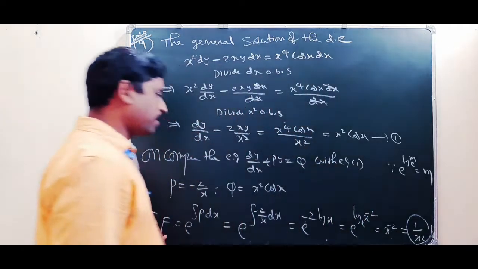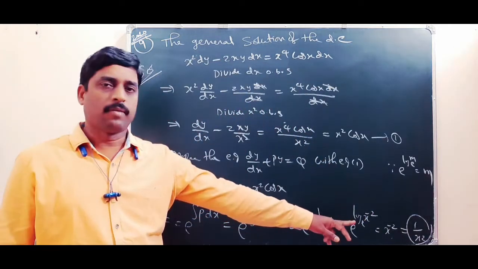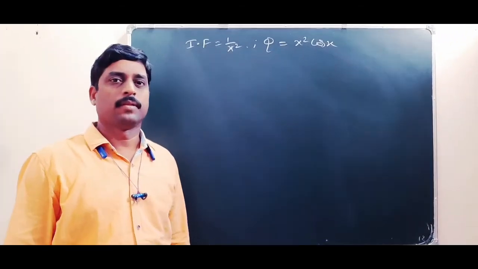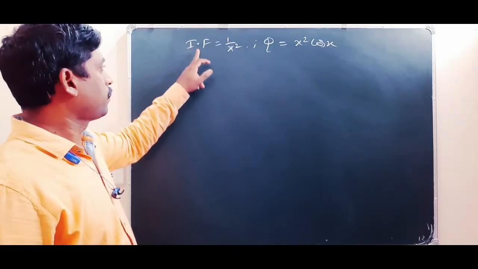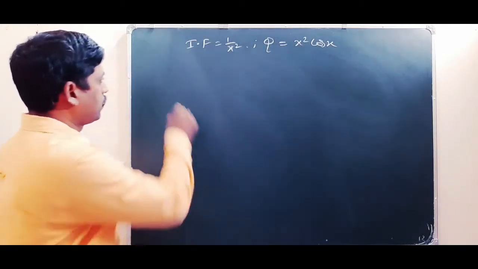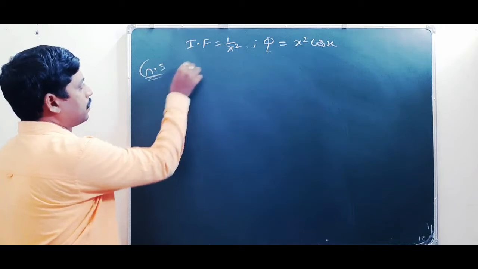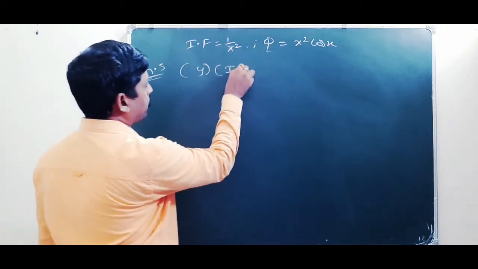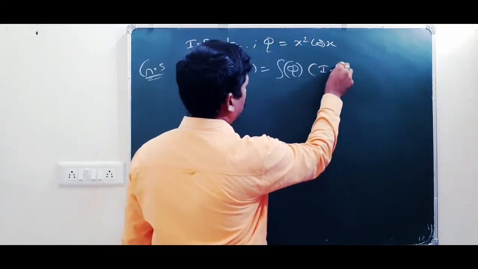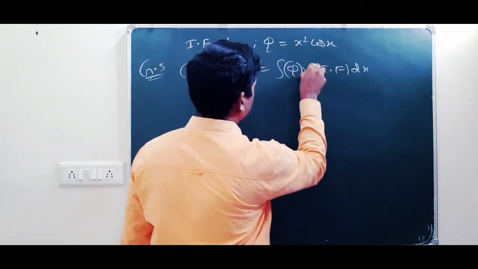So the integrating factor we got is 1 by x square and the q value is x square cos x. So what is the general solution formula? y times the integrating factor is equal to integral of q into integrating factor dx.